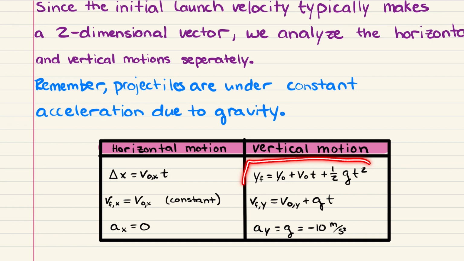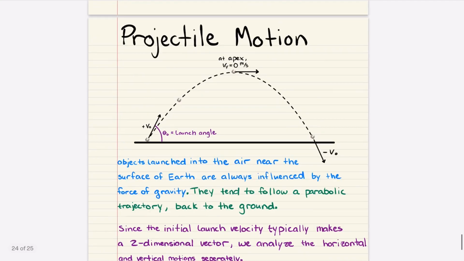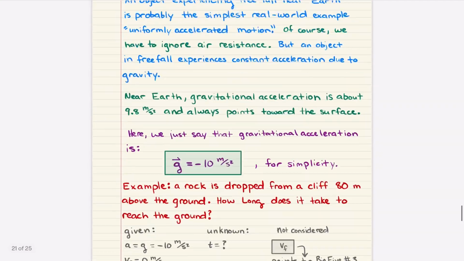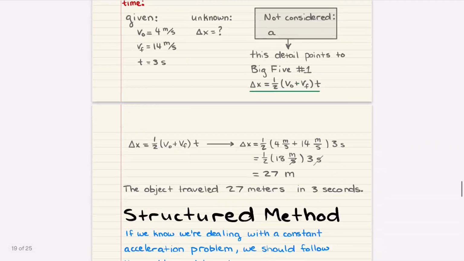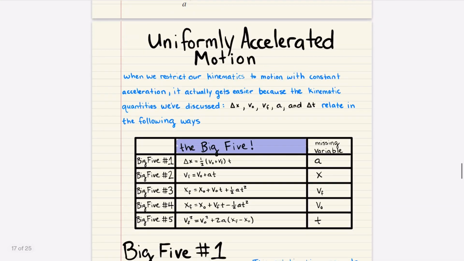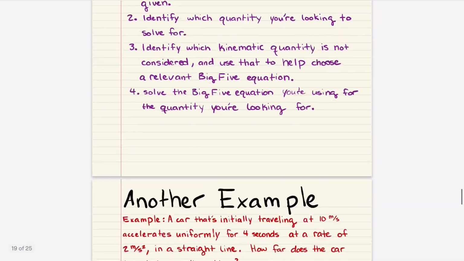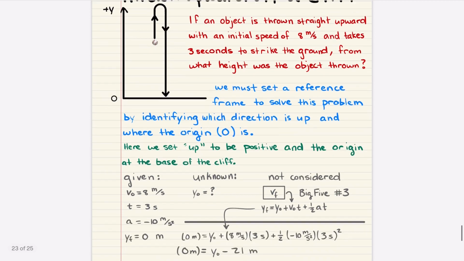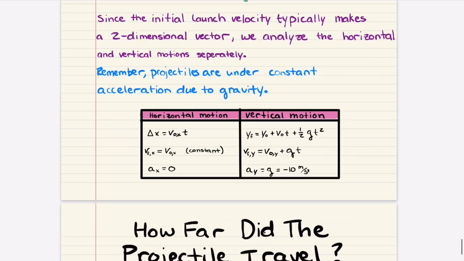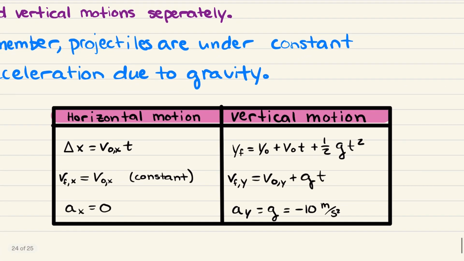This kinematic relationship is the one we're going to be dealing with most frequently for the vertical motion. It is big five number 2.